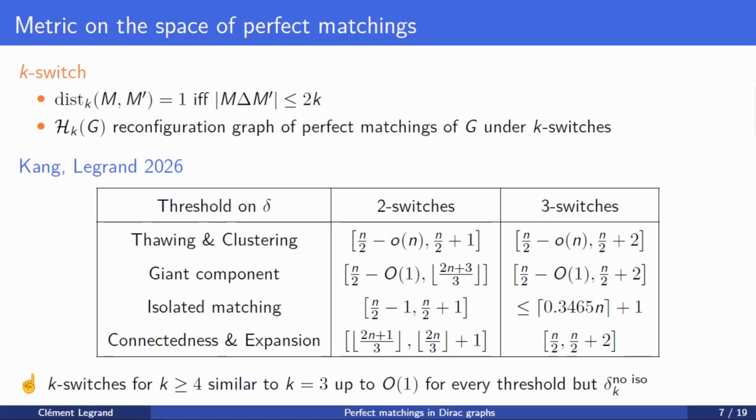Okay. And are these intervals tight, in the sense that if you are within the interval, then there are examples showing it? We don't know. We have constructions below this, proofs above this, and in the middle we don't know. Most of those intervals are tight, in the sense that there's a very small gap. But for example, for this one, we don't know if we have a giant component anywhere between n/2 and 2n/3.